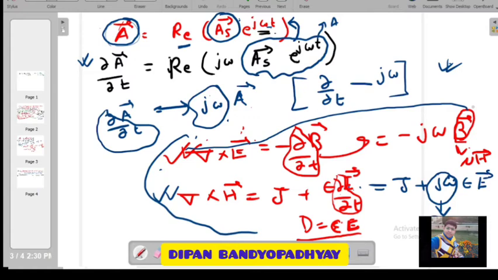And note that the time factor is basically e to the power j omega t. The time factor can be suppressed in our analysis for time harmonic fields, and we can insert the time factor anytime wherever necessary by simply multiplying with e to the power j omega t.